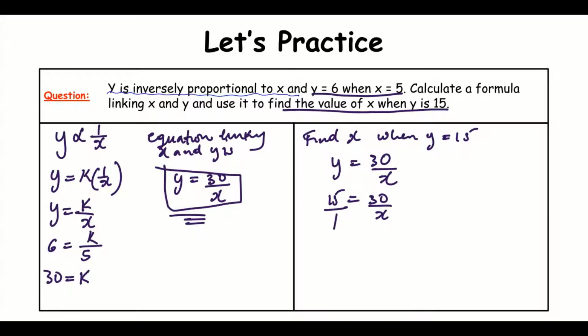For those who may need the complete breakdown, cross multiply. So we have 15 times x is equal to 30 times 1. So we have 15x is equal to 30. To find the value of x, we're going to divide both sides by 15. So x is equal to 2. So the value of x when y is 15 is 2.